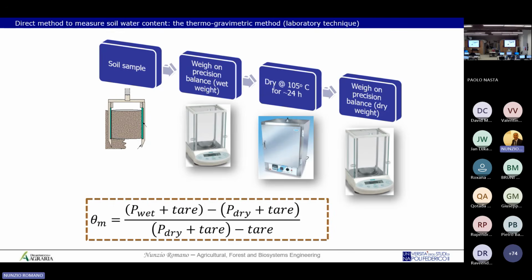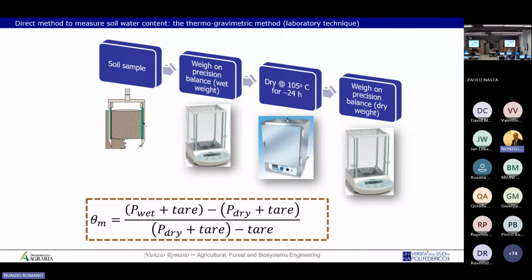The other thing that you can do: salt is not, as far as I know, a very real problem, but the evaporation of water can be a problem. You can try to reduce or avoid this problem by weighing the collected soil in the field.